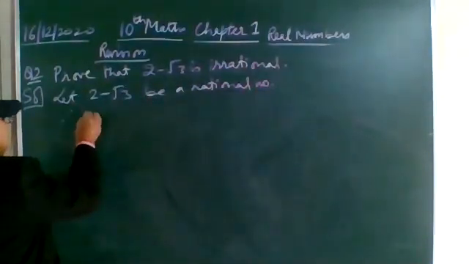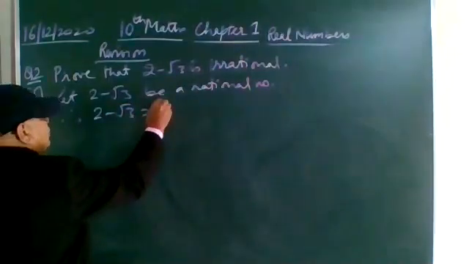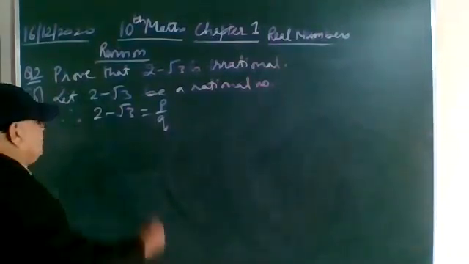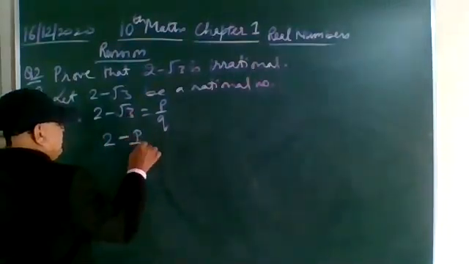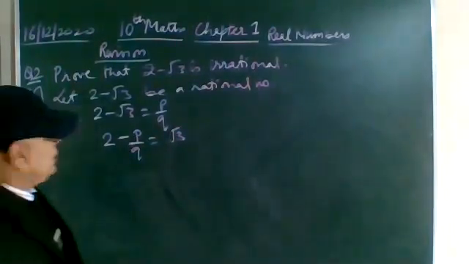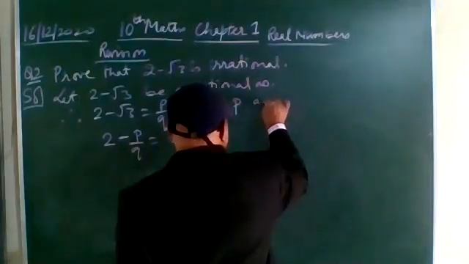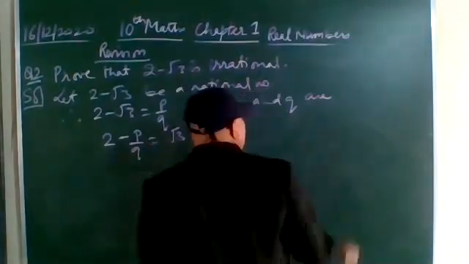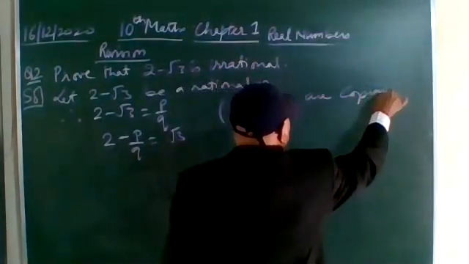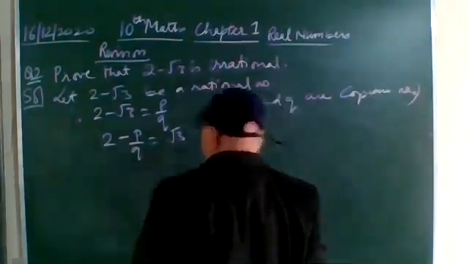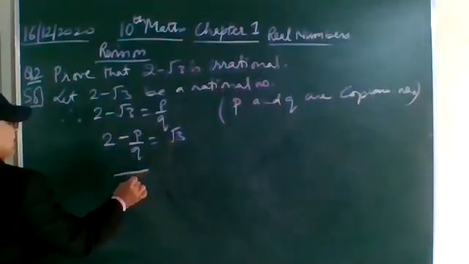Therefore 2 minus root 3 equal to P upon Q. Now 2 minus P upon Q equal to root 3. Here you consider P and Q are co-prime numbers. So again you take LCM here.